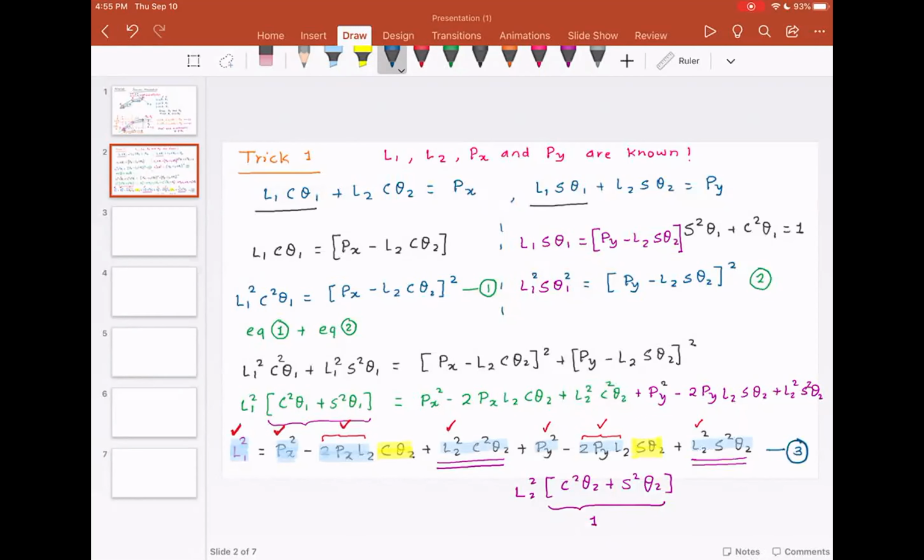And typically at the end of solving an inverse kinematics problem, you are going to have an expression in this most general form.